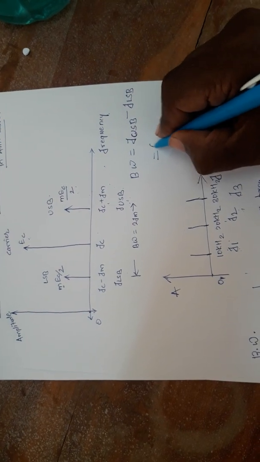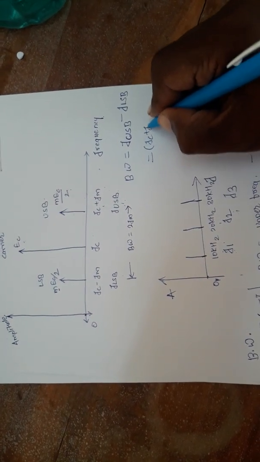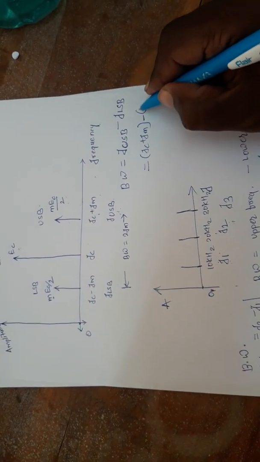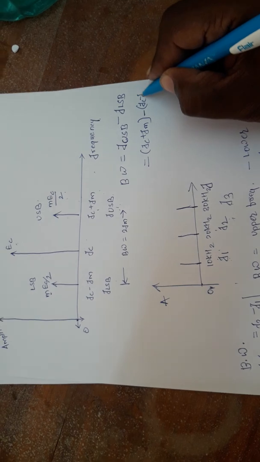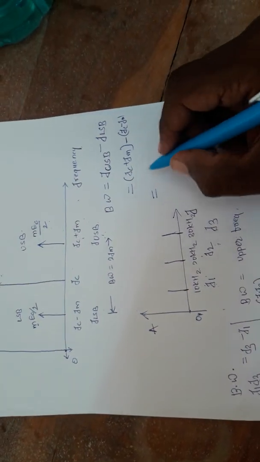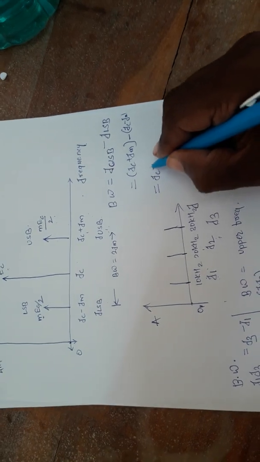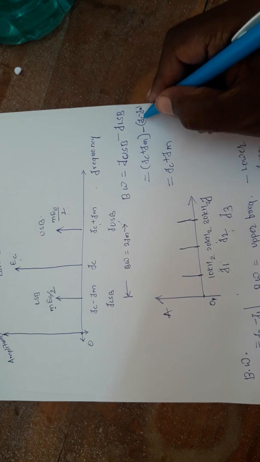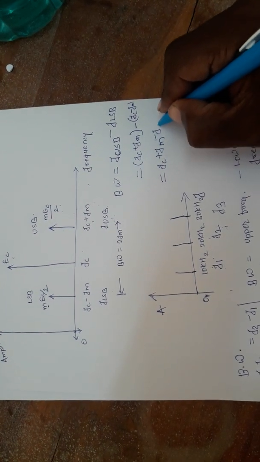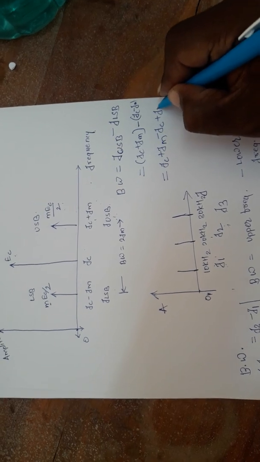FUSB, as we all know, is FC plus FM, and FLSB, as we all know, is in bracket FC minus FM. Now if we do some mathematical manipulation, the minus sign gets multiplied within the bracket, and it becomes minus FC plus FM.